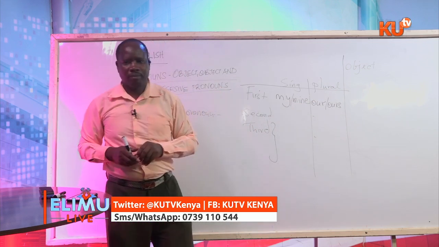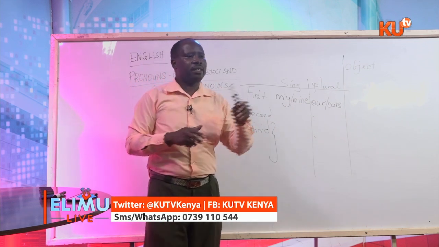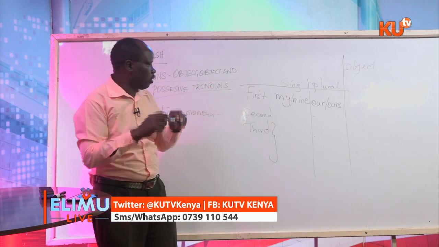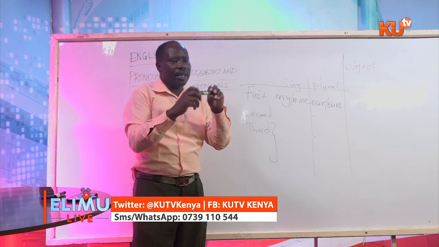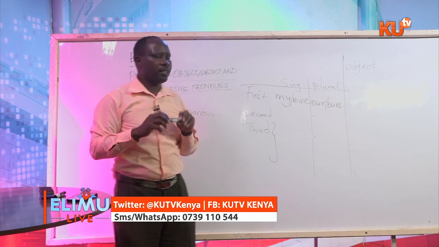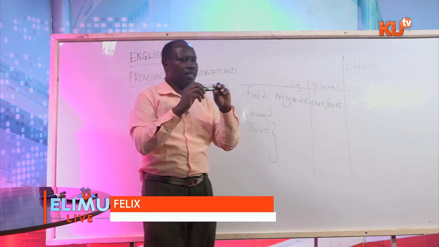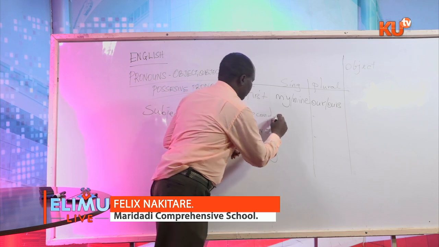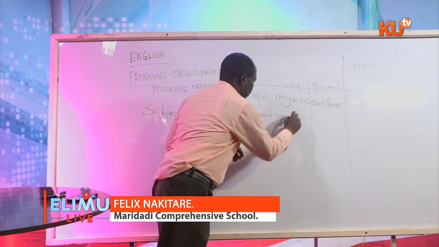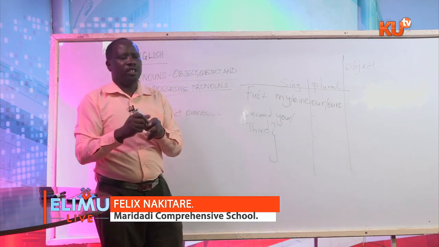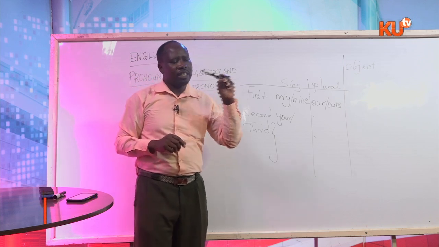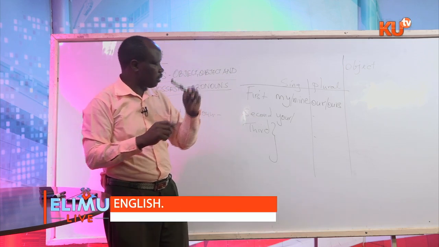First person. If I want to show possession on the second person, I'm talking to you, a person next to me, and I will say, this is your felt pen. And so this felt pen is yours.